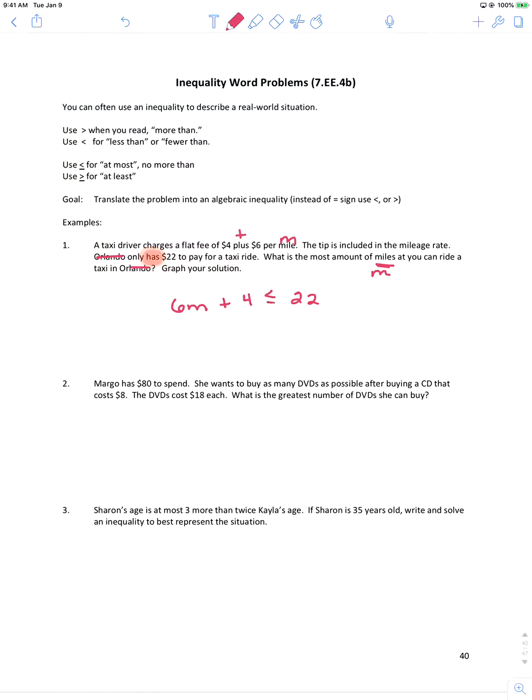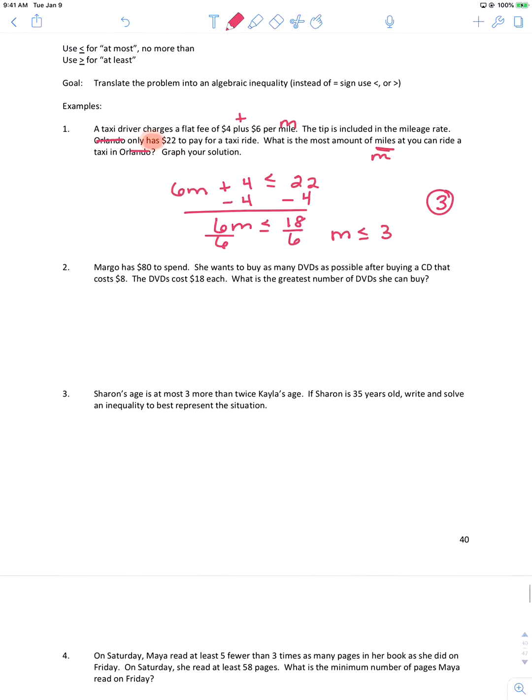Has is less than or equal to. Then when I solve, I'm going to subtract 4. You get 6M is less than or equal to 18. And divide by 6, and we get M is less than or equal to 3. What's important is to round properly on these. So less than or equal to 3 would give me 3.